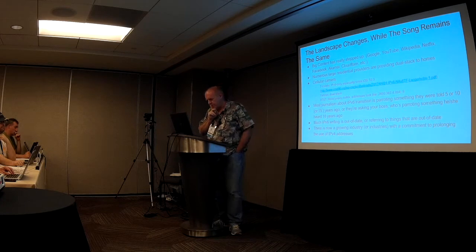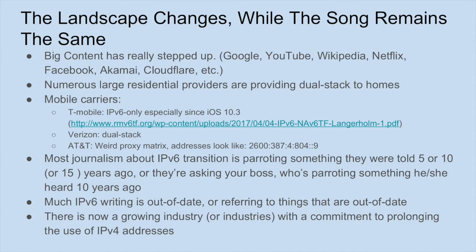And they're talking about how they actually kind of moved to a network very much like the one we're going to talk about today. Verizon has been dual stack very reliably for several years. AT&T I don't really understand. I don't know, maybe somebody in the room does, but there's this kind of interesting handcrafted proxy network thing going on with addresses that look like that or like that.